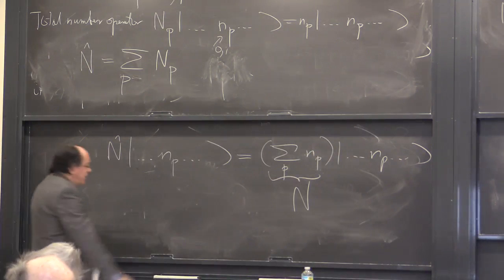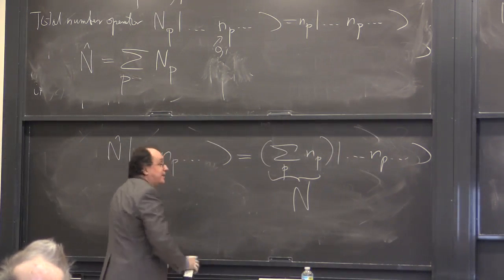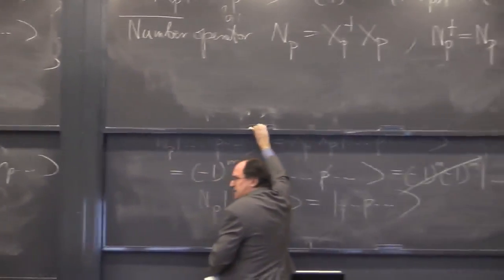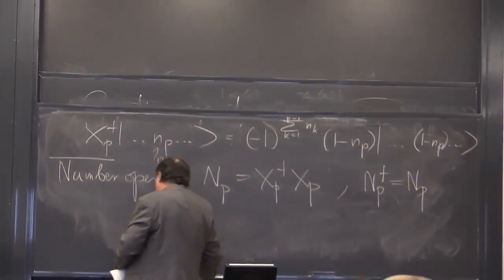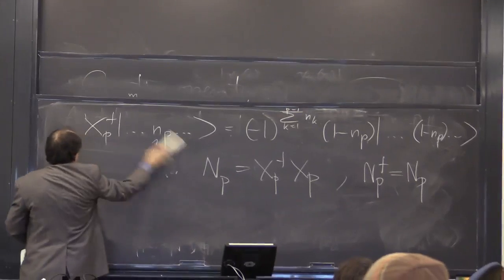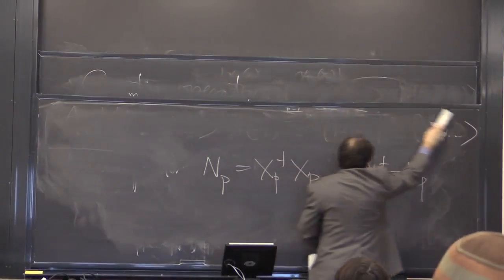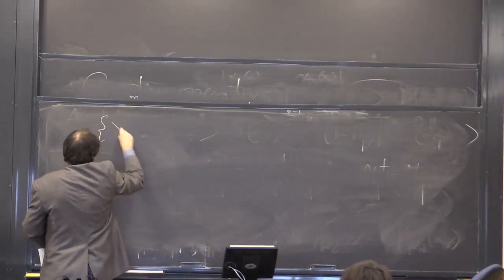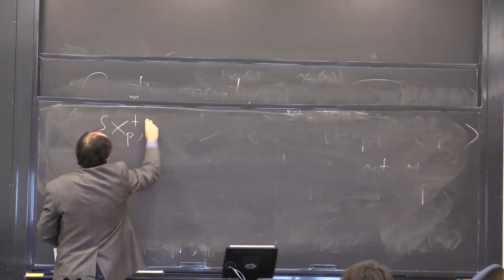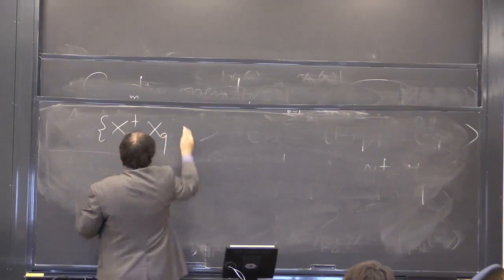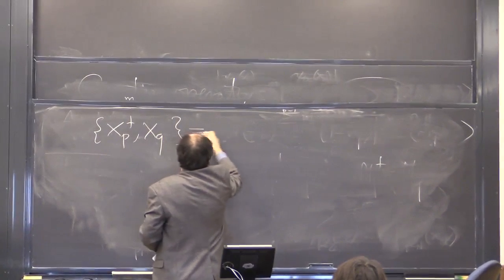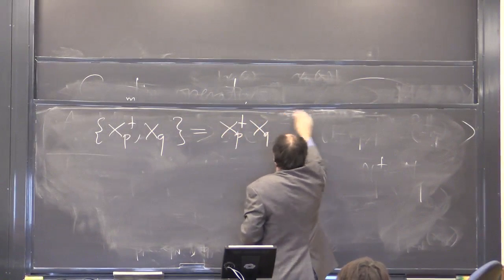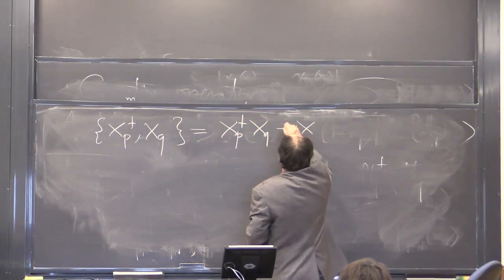So I will end by saying that next time we'll prove the very fundamental properties of our creation and annihilation operators, and that's going to be the beginning of the next lecture. We'll prove that if you form an anti-commutator of a pair of creation and annihilation operators, let me define the anti-commutator. It's like a commutator, but you don't use a minus, you use a plus.